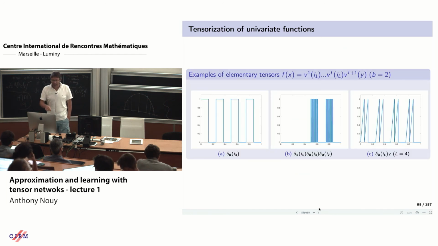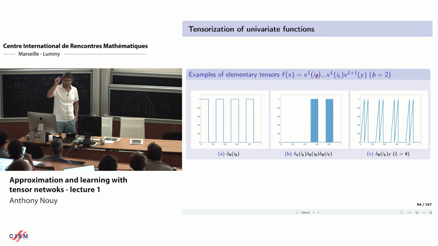Okay, some examples. So now we have a univariate function that we see as a multivariate function. So we could ask, what is an elementary tensor in this world? An elementary tensor is a product of univariate functions. The first function is a function of the first digit I1, the second is a function of the digit I2, and so on. This is an illustration in base 2.